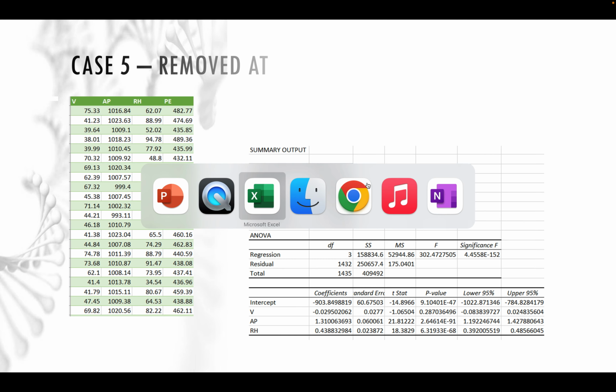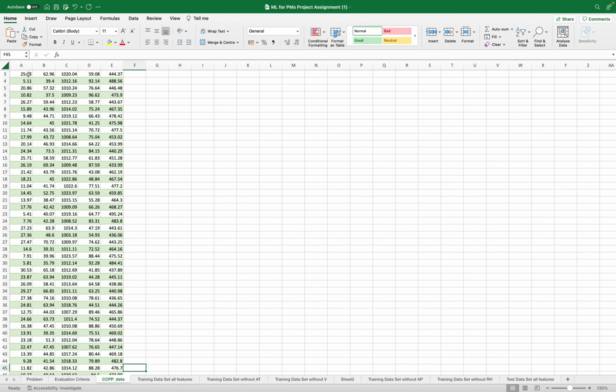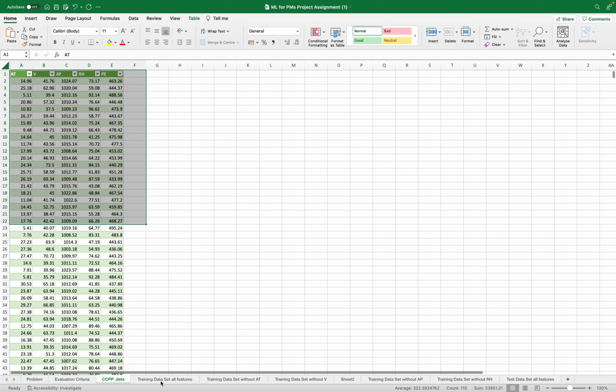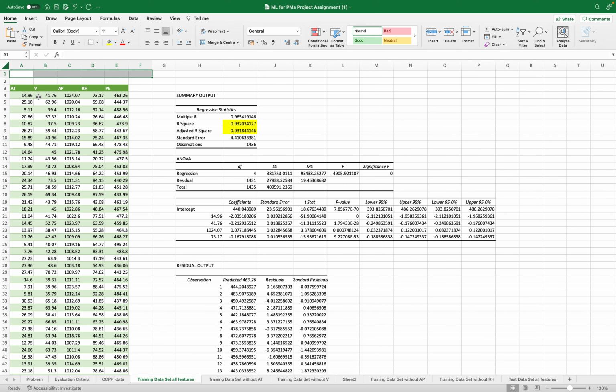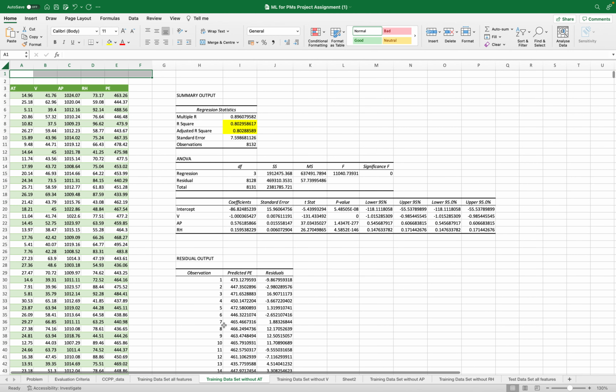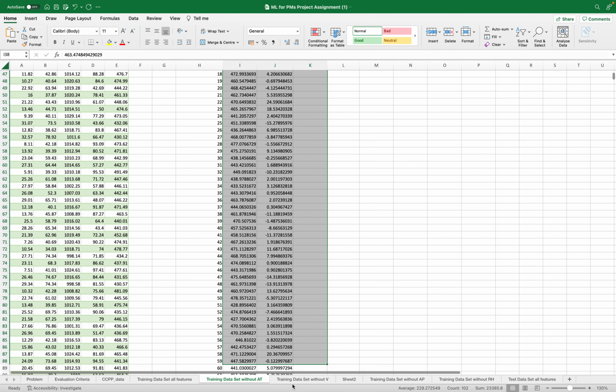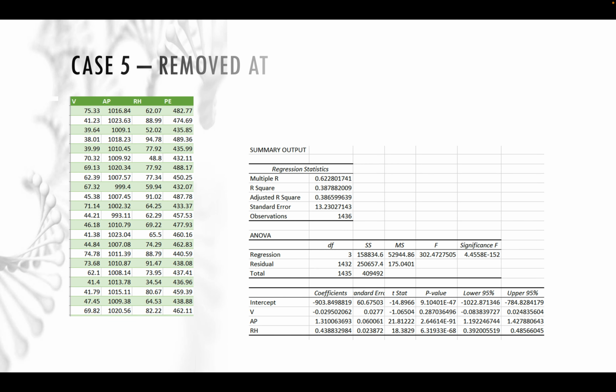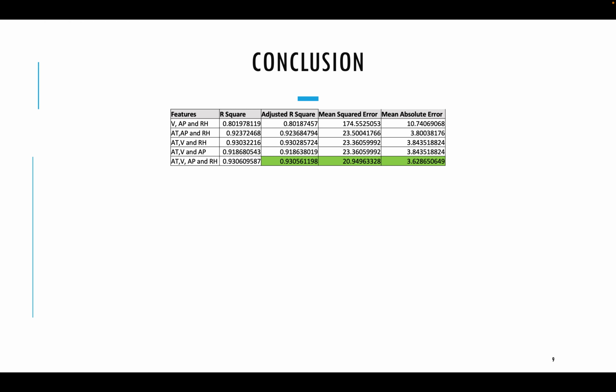I'll quickly switch over to the Excel sheet where I did this. So this is the whole input data, and this is when I ran it with all the features. Then when I started removing features, what exactly happened is given here. If we see, when we use all the features together, we get a good adjusted R square.